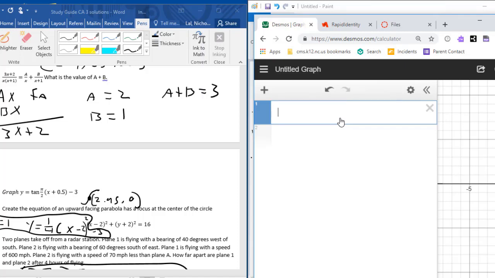So let's look at 20. y is equal to the tangent of, here's the main trick I want to show you.